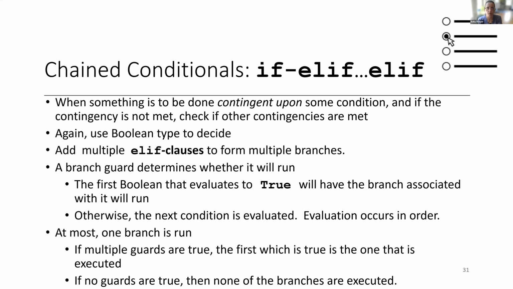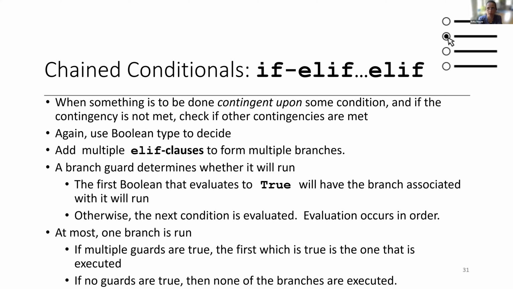So then thinking about that, how many branches could execute in an if-elif statement? Well, could it be one? Yes, because one could be true and it would execute. If multiple were true, the first one that it encounters that's true is the one that's going to be executed, and none of the subsequent ones are going to be executed, which is why we call this flow control, right?